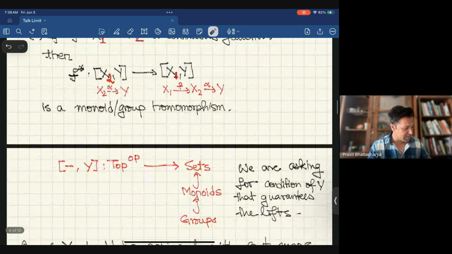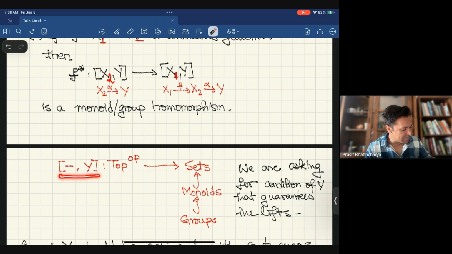That's why there is this op. So if I take the world of topological spaces where maps are continuous maps, and apply this construction where I take a topological space X, consider all possible continuous maps into Y and take the homotopy classes, I get a set.